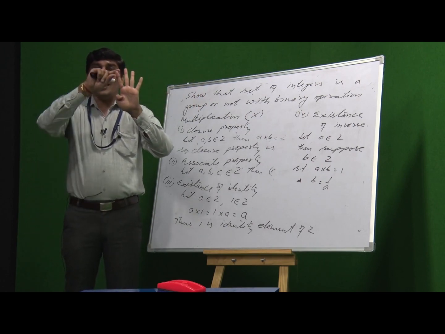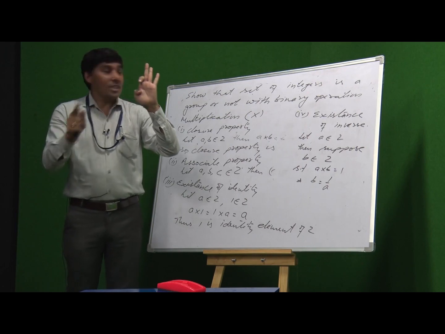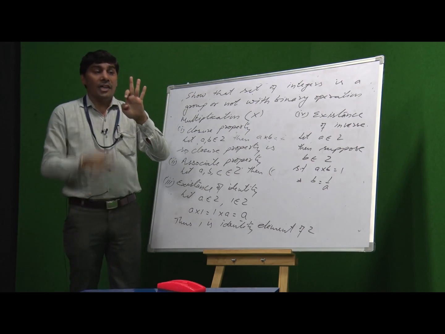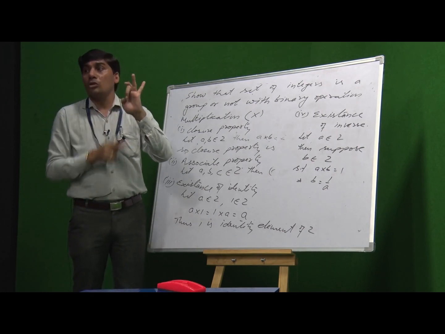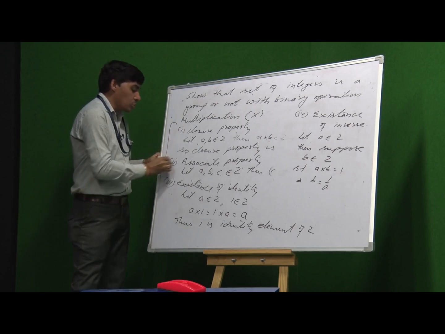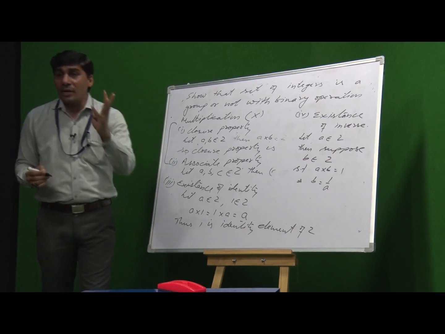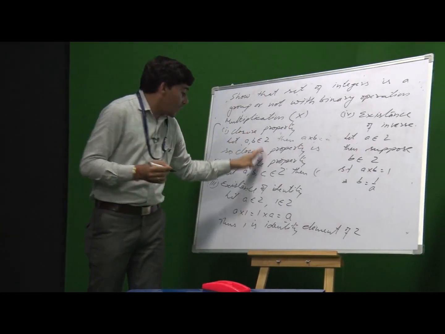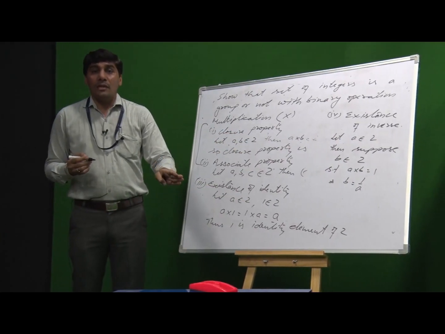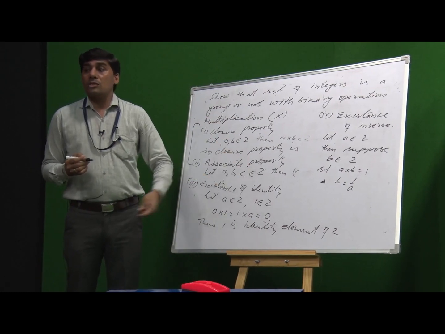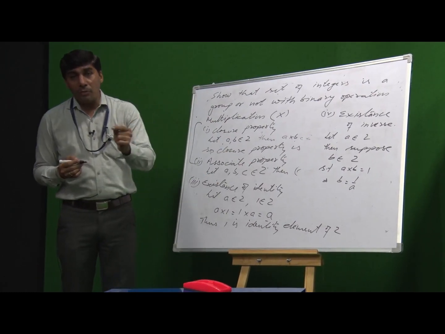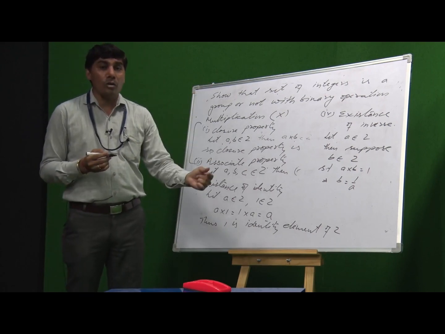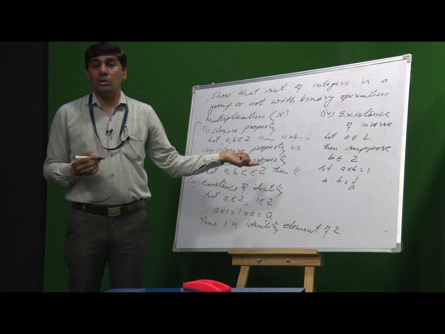Second, Z is an algebraic structure because it is equipped with a binary operation. Third, it is not a group, but it is a semigroup because it satisfies two properties. An algebraic structure which satisfies only the closure property and associative property is known as a semigroup. So the set of integers with binary operation multiplication is not a group, but it is a semigroup.